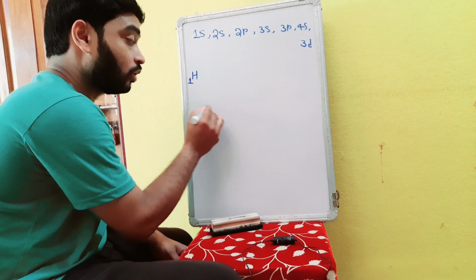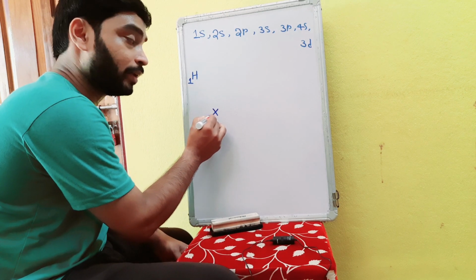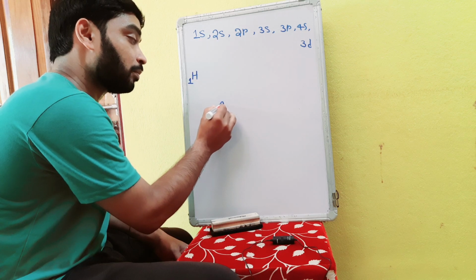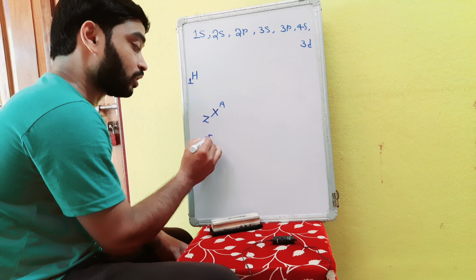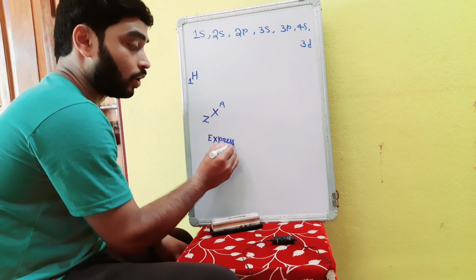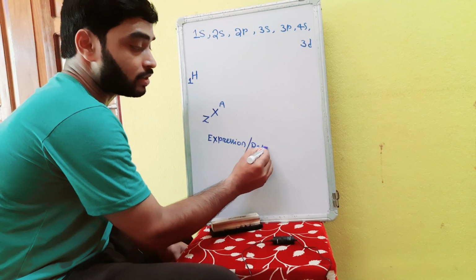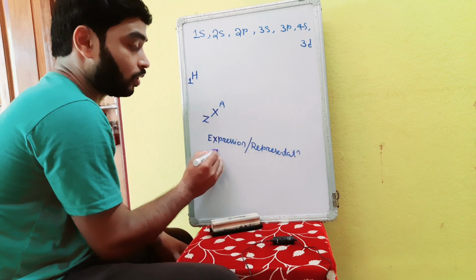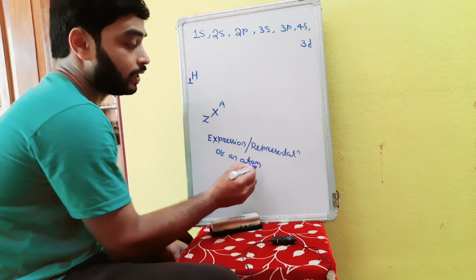For anyone who doesn't know: if X is an atom of an element, Z is the atomic number and A is the atomic mass. I am writing here the representation of an atom of any element.